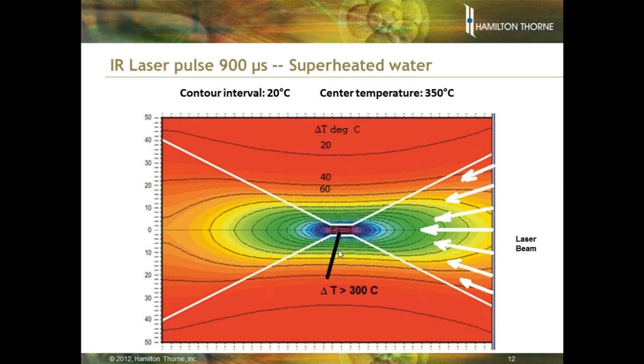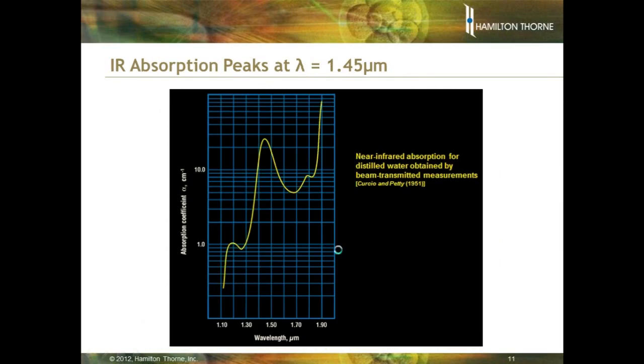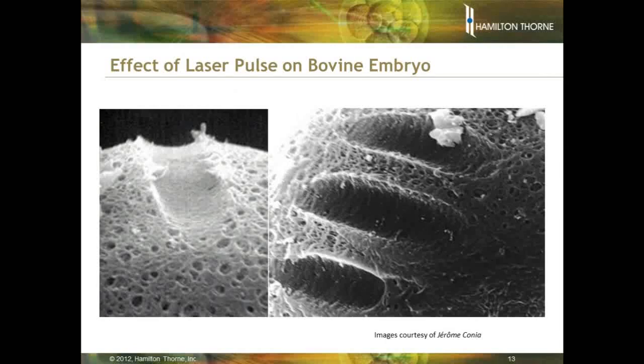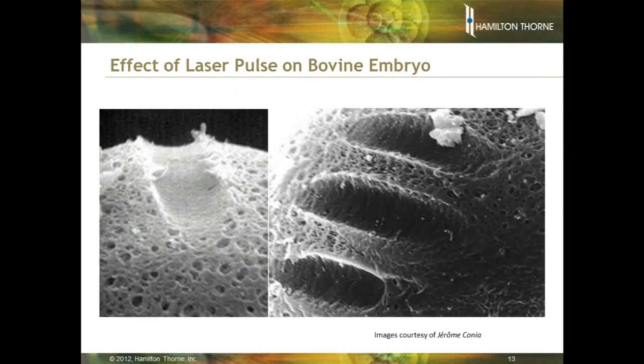Now, when that is directed at the edge of an embryo, we can see an example of the kind of cut that's produced. Here you can see that it makes a pretty sharply edged cut in a bovine. Actually, this is a bovine oocyte. It's not a bovine embryo, but the zona pellucida is very much the same and very similar to a human's.